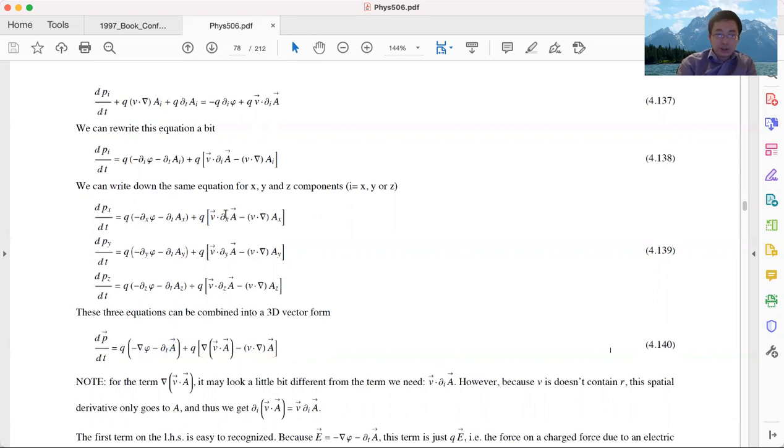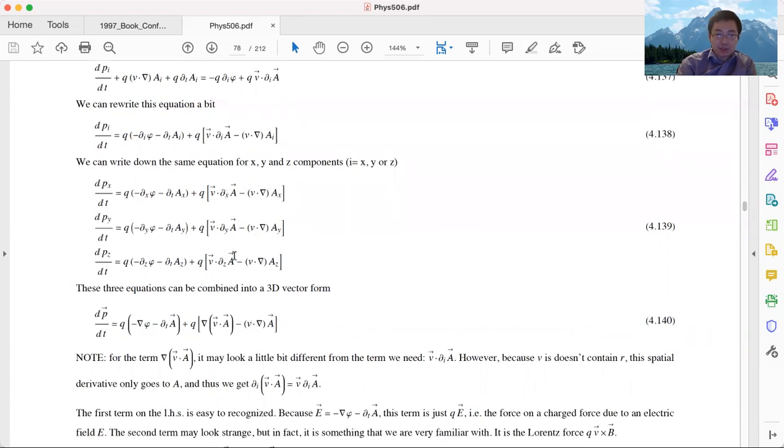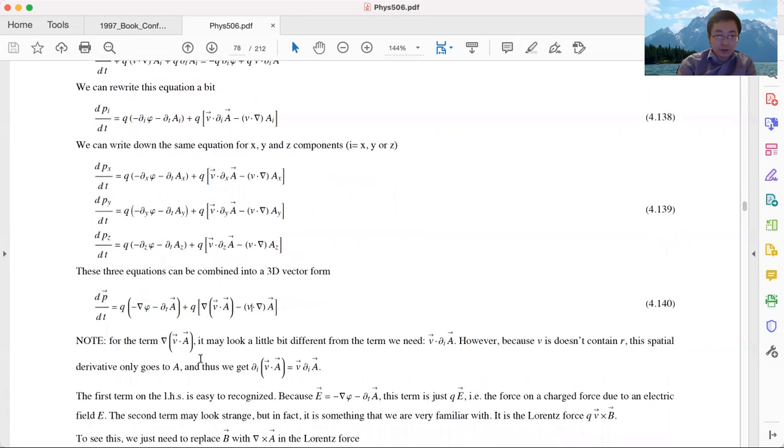Similarly, for the last two terms, we got q times the derivative of v dot A minus v dot derivative of A, and we can combine these three equations into this vector form. Here, you may notice that this term is a little bit different from the formula we have here.